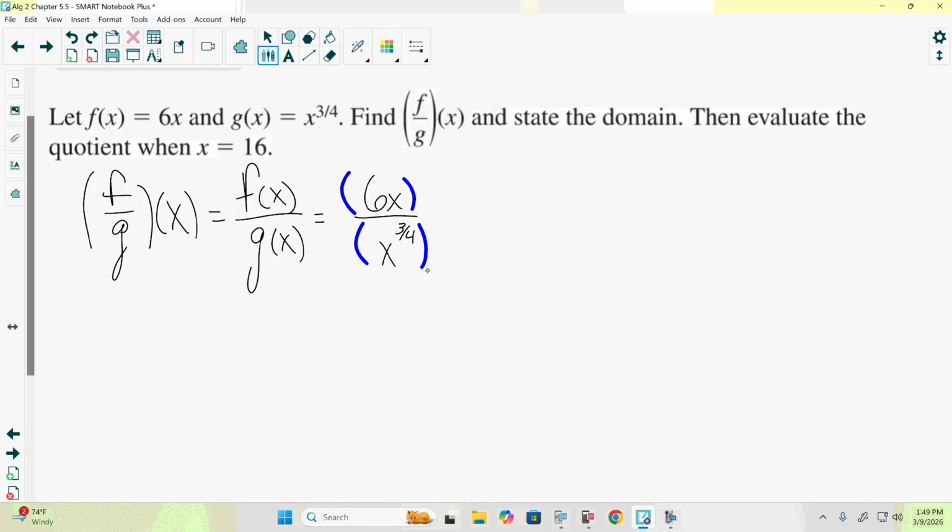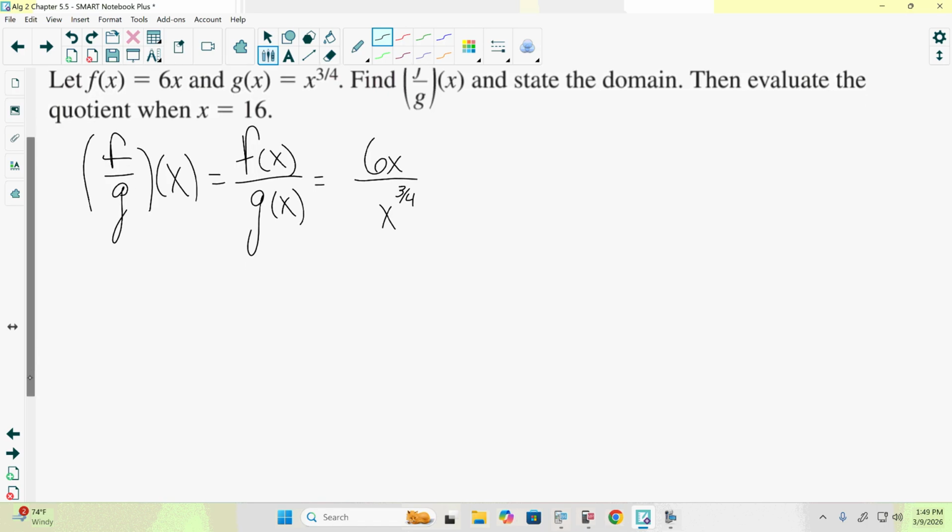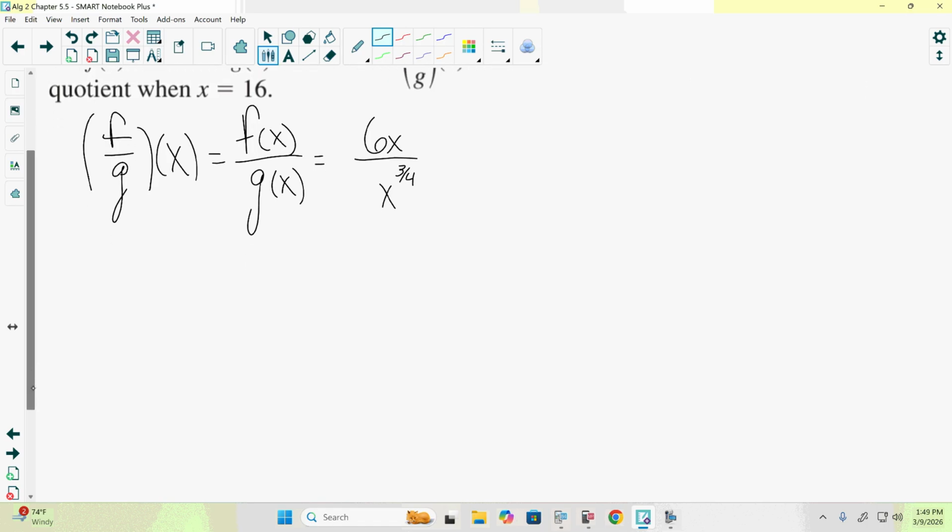Now we could put the parentheses around the top and bottom, but because there's no other terms outside of f of x and g of x, we just drop the parentheses and get to the same spot. Questions on how we got here? We good to this point? Yes.